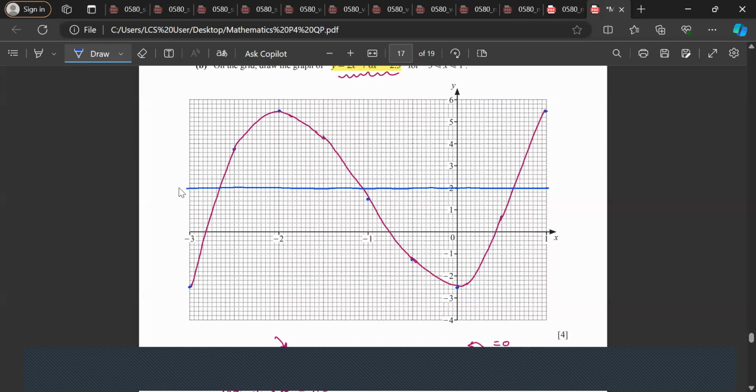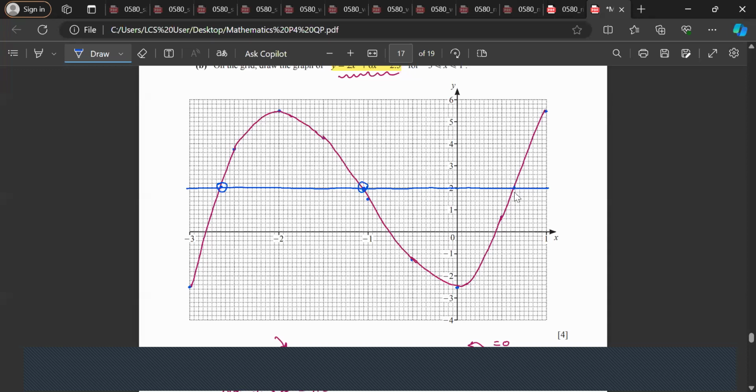Any problem? It cuts the graph in how many points? 3 points. That means this line with the graph has 3 solutions. This is the first solution. This is the second.